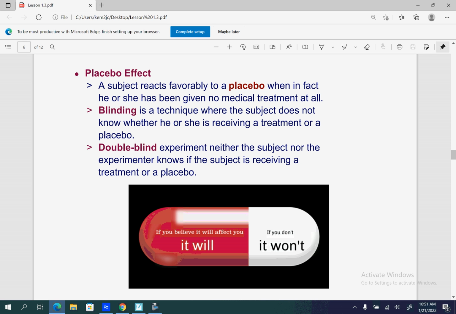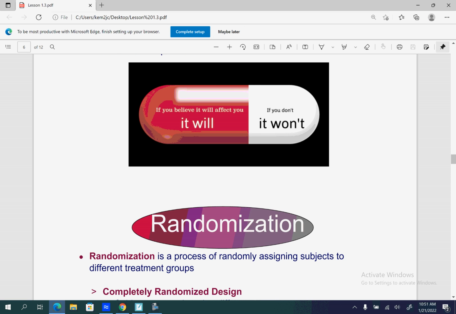Because if I'm a researcher and I know that you are receiving the placebo, my mannerisms or my tone of voice or the way I ask the question could release that information to you, or it could skew a question a certain way. So the researcher not knowing who has what treatment can also be useful and provide more valid results. Okay.